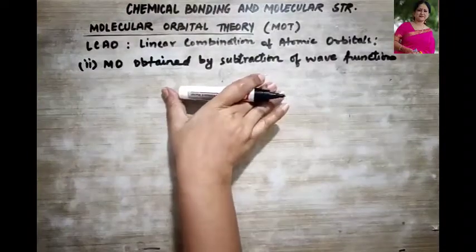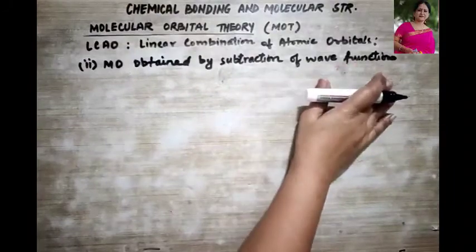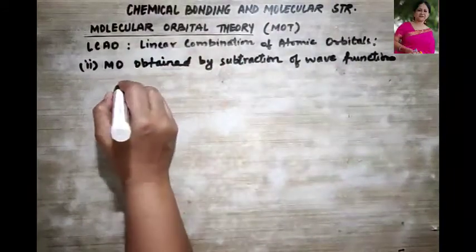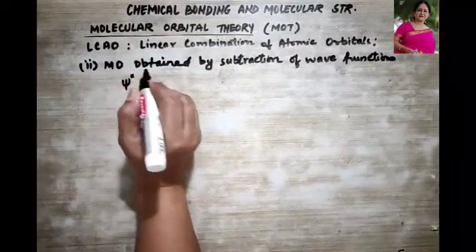Okay, so let us begin with the molecular orbital obtained by subtraction of the wave functions. When we show the subtraction, we put a star over here.